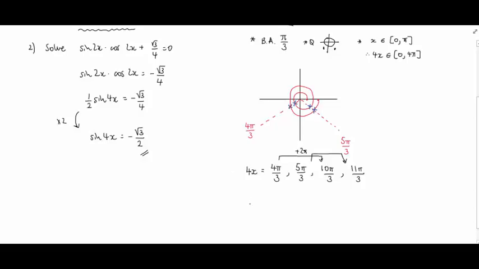To finish off, we need to divide each of these by 4. 4 pi on 3 divided by 4 gives me pi on 3. 5 pi on 3 divided by 4 is 5 pi on 12. 10 pi on 3 divided by 4 gives me 10 pi on 12, and I need to simplify it, of course, to 5 pi on 6.